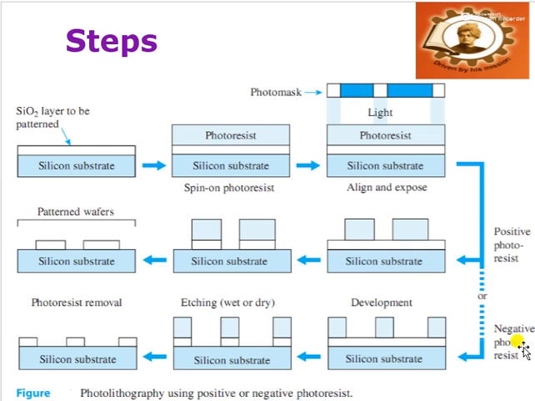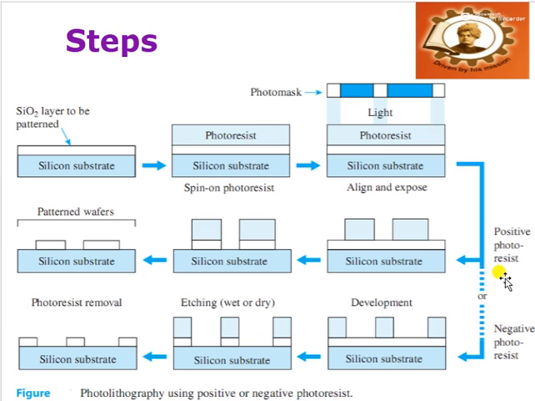So the first step is that a SiO2 layer is formed on our silicon substrate. On that SiO2 layer we put a photoresist, that is called spin-on photoresist. Then the mask pattern is transferred by using light or UV radiation to that photoresist layer, and the photoresist may be positive or negative.